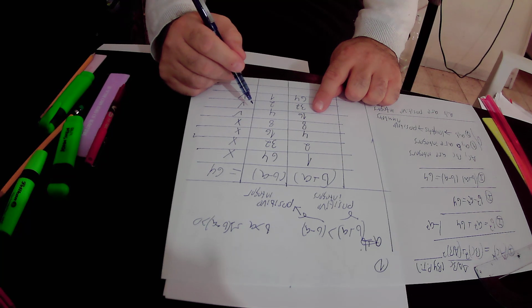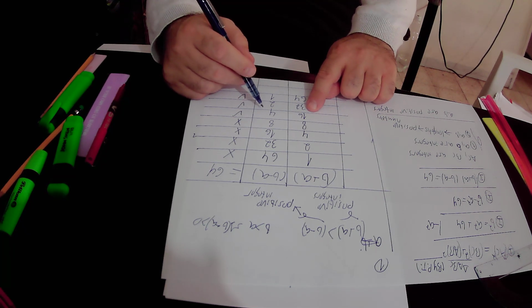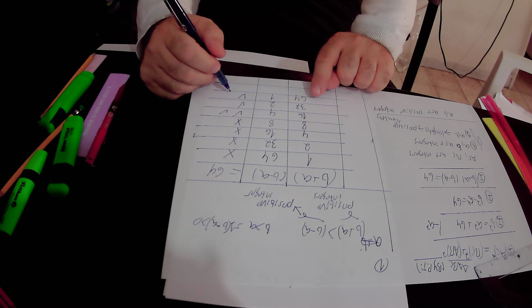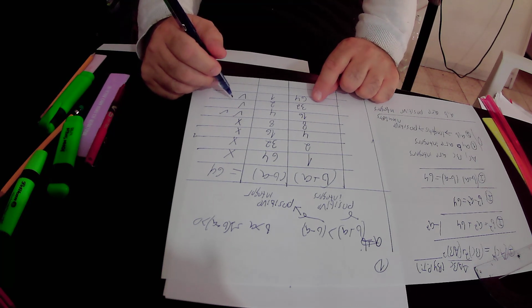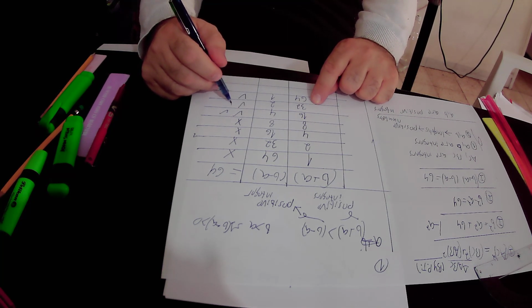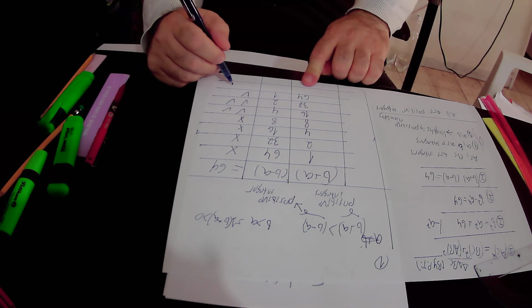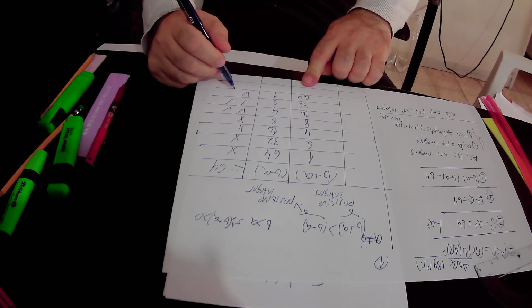So we check which numbers here are even numbers. 16 plus 4 is 20, and 20 is an even number, so this option is a valid option. 32 plus 2 is 34. 34 is an even number. And 64 plus 1 is 65. And 65 is an odd number, not an even number, so this option is invalid.